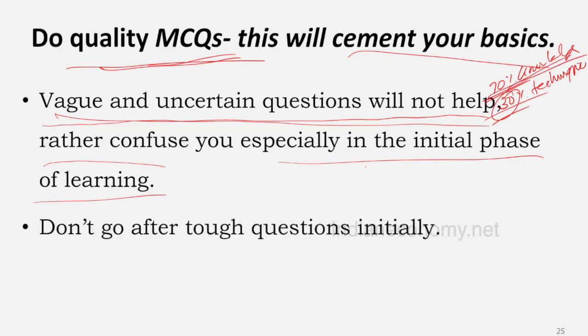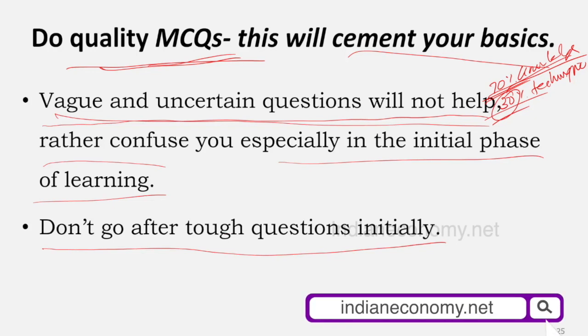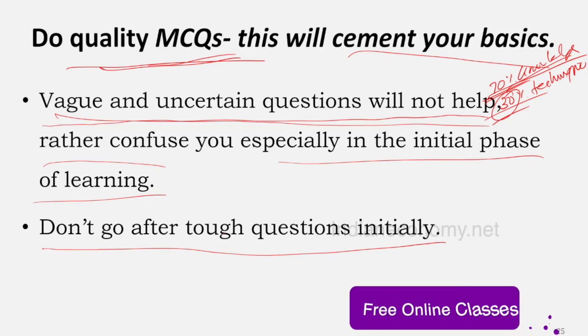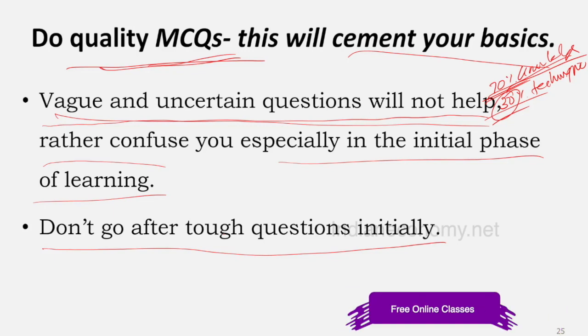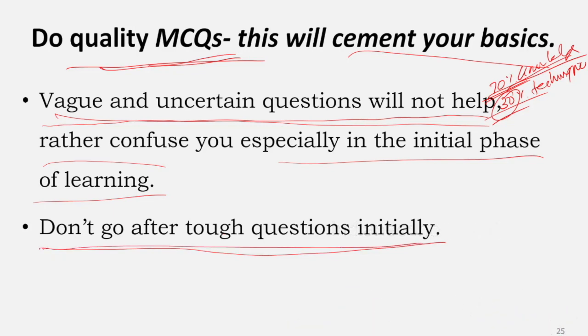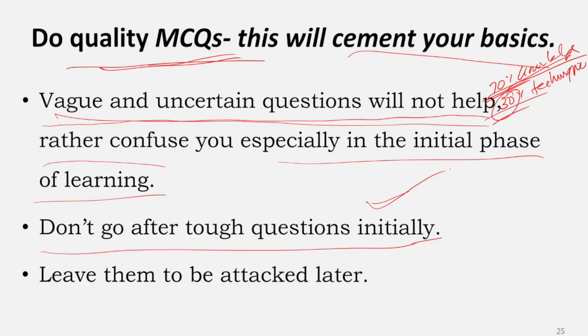And don't go after tough questions initially. That is also very important, because children are not expected to fight against adult people. Tough questions you need not sort out initially. That's my suggestion. You can have your own ways, but this will help in acquiring knowledge easily, as well as improve your confidence level, and leave them to be attacked later.